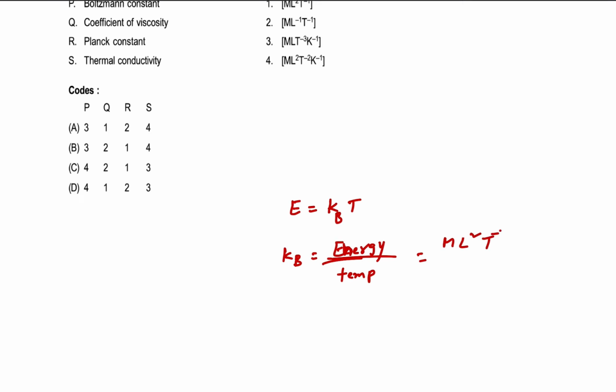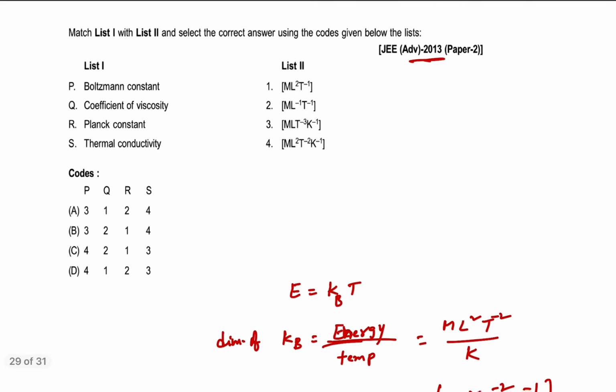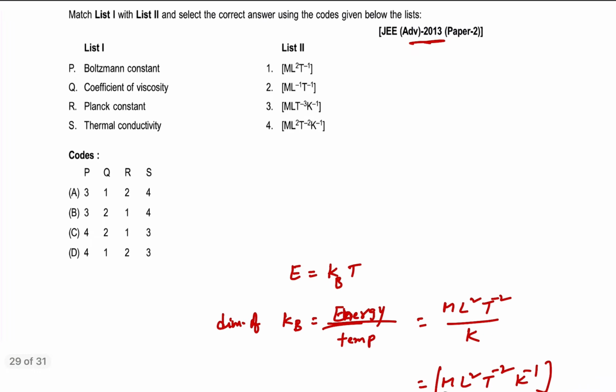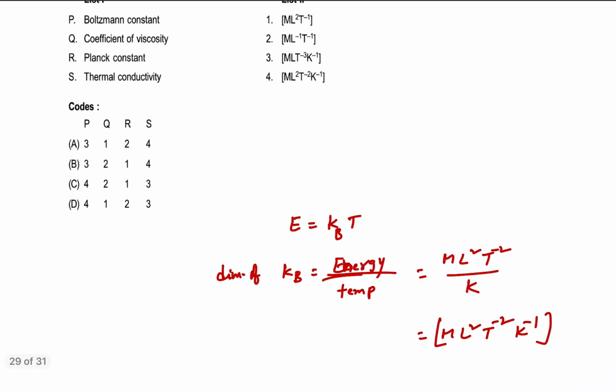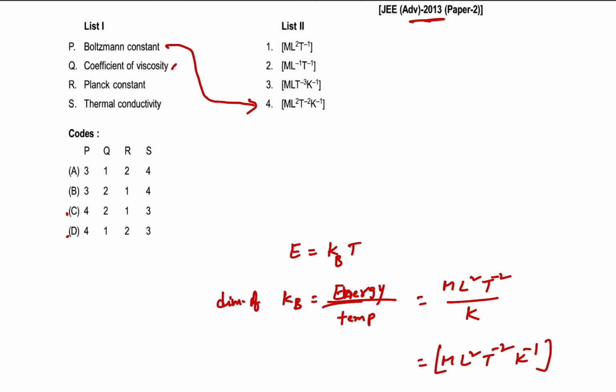What is energy? M L square T power minus 2, dimension I am writing, dimension of energy. Temperature is K. So we can write M L square T power minus 2 K power minus 1. So Boltzmann constant is matching with the fourth option.